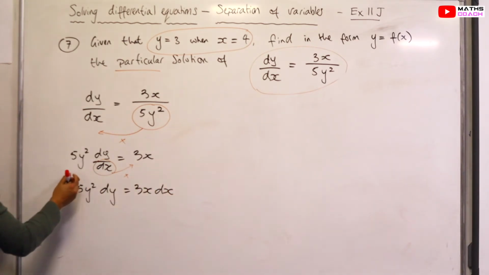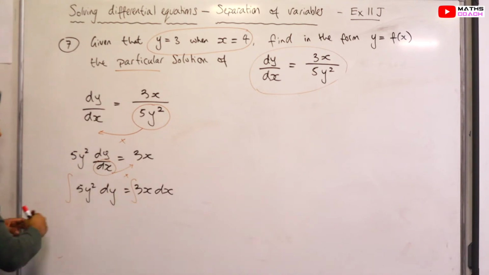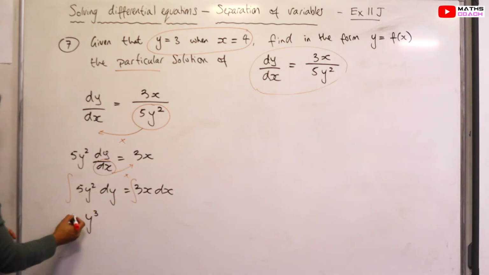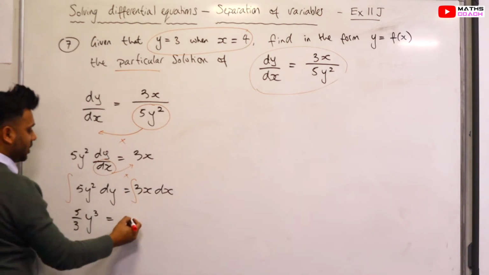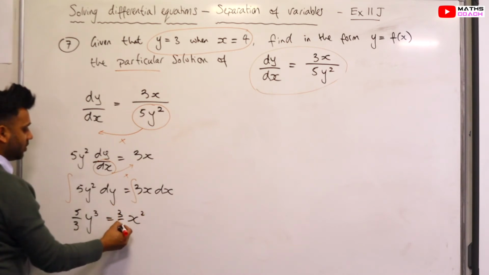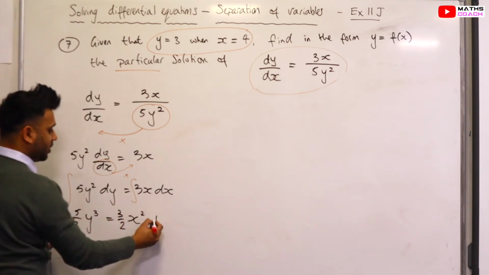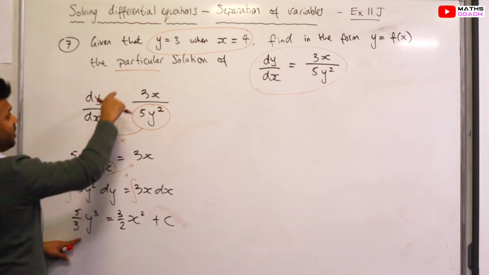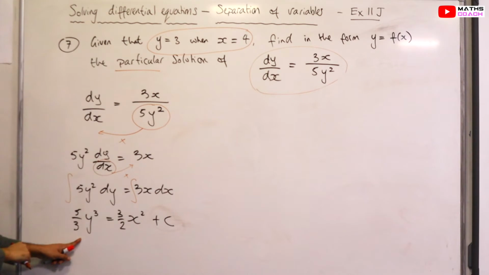We are now ready to integrate both sides. So this side will give you y to the power of 3 divided by 3, or 5 over 3, equals x to the power 2 divided by 2, or 3 over 2 as a constant, plus c. This is your general solution, okay? But we are asked to find the particular solution to this equation.